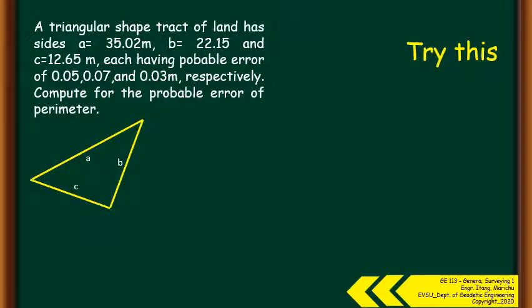Pag measure niya kay side A, meron siyang nakuhang error, which is 0.05. Pag measure niya naman kay side B, meron siyang nakuhang error na 0.03. Pag measure niya kay side C, meron siyang nakuhang error na 0.03. So, to compute, gagamitin mo lang yung formula kanina.